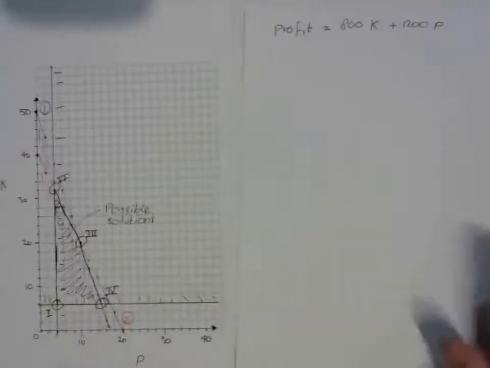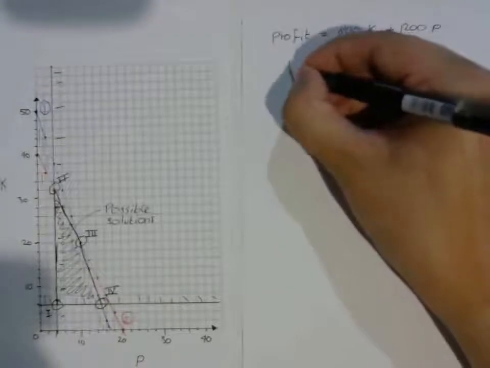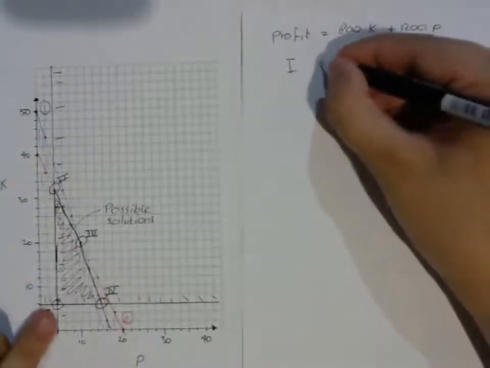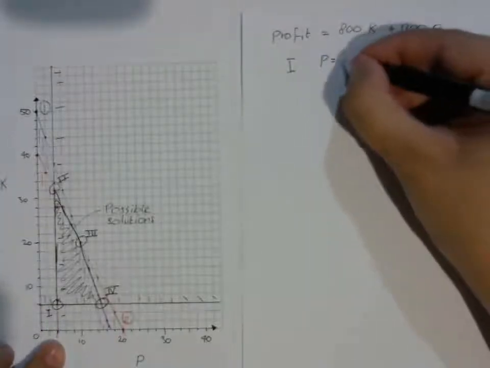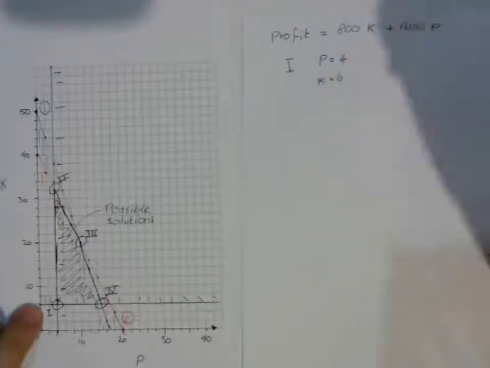And for each of these 4 points, I'm going to figure out what profit we've got. So for I, on my graph, I can read off that P is equal to 4, K is equal to 6.